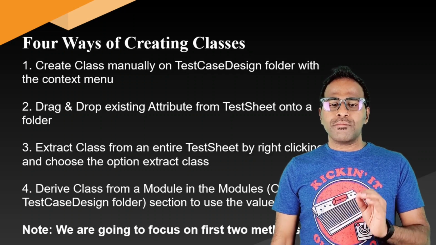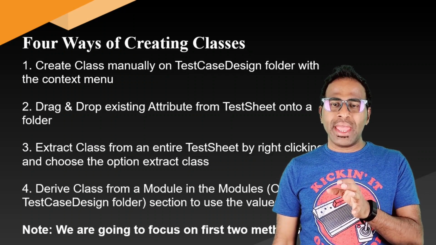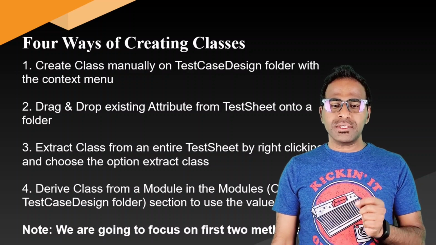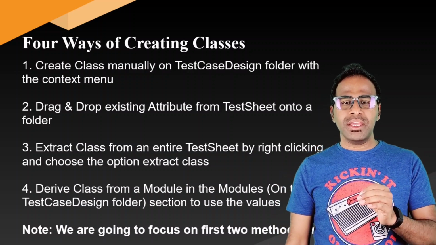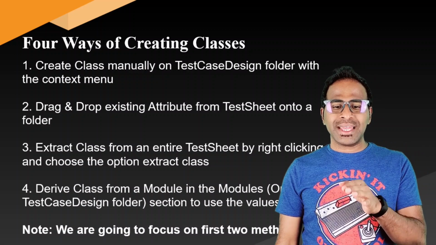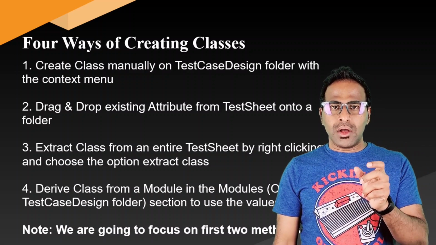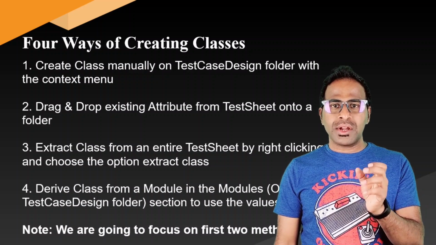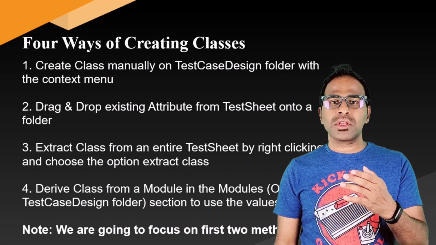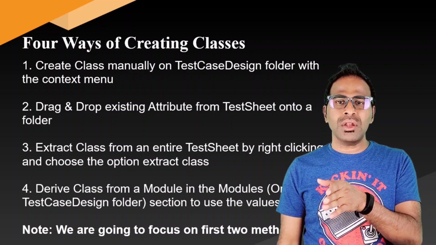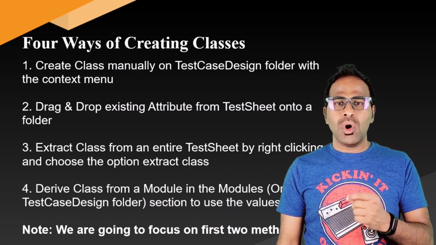There are 4 different ways of creating classes. The first method is to create a class manually on the test case design module, under a folder with the context menu. That means you can just right click, and you will see the context menu option called create class. What is the second method?